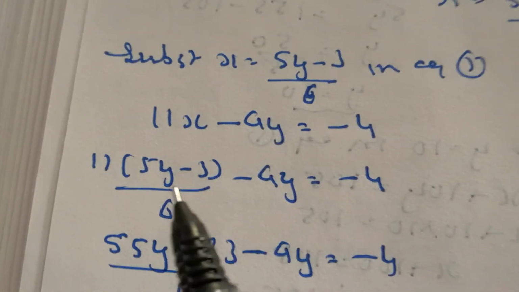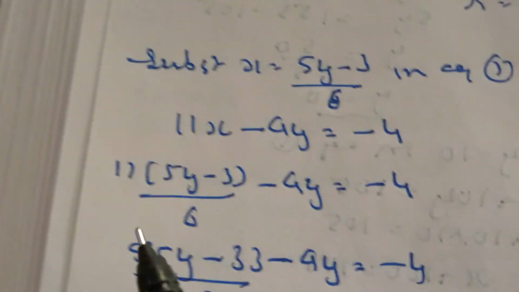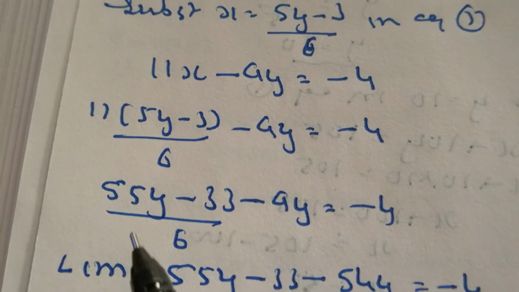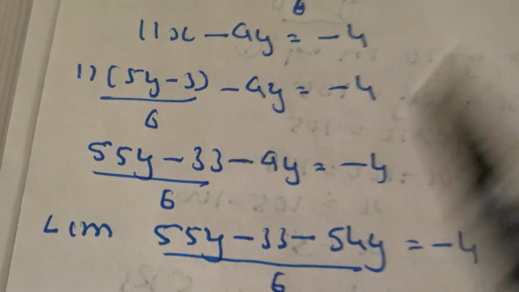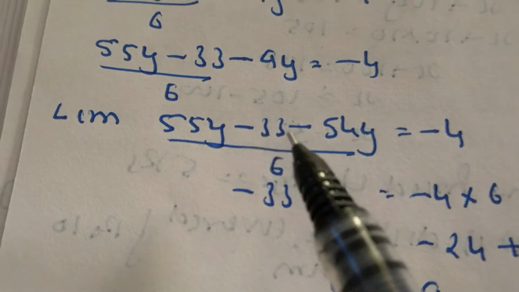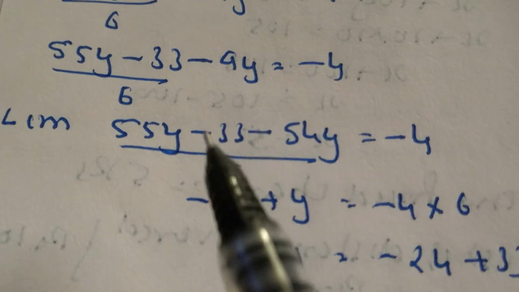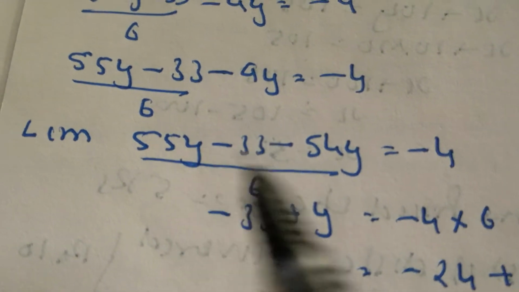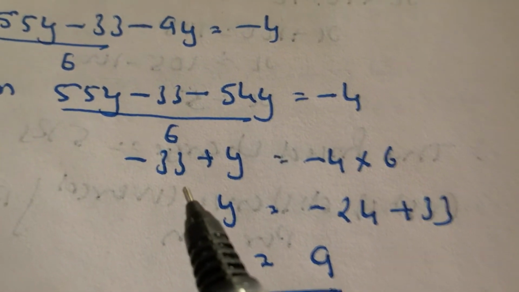It is 11 into (5y minus 3) upon 6 minus 9y is equal to minus 4. Multiplying 11 into 5y and 11 into 3. So 55y minus 33 minus 9y is equal to minus 4. Taking LCM, I am going to get 55y minus 33 minus 54y is equal to minus 4 into 6. 55y minus 54y is y.